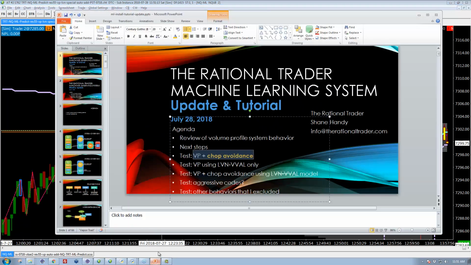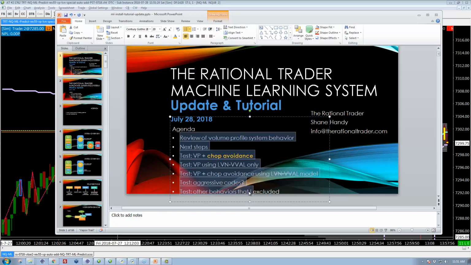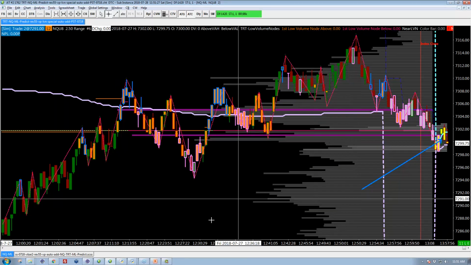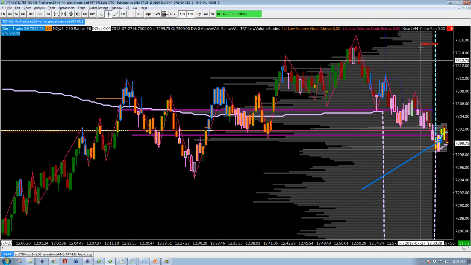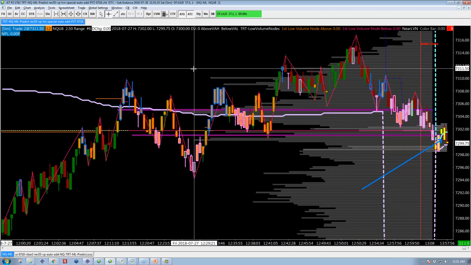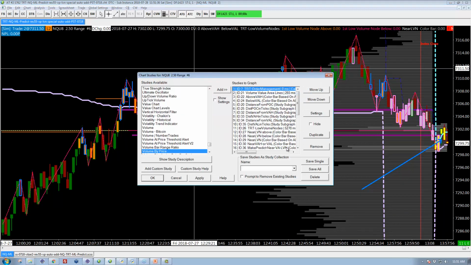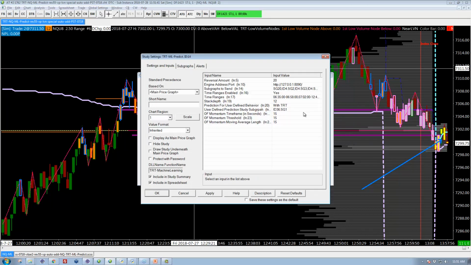I have a lot to do here. The reason this wasn't already all laid out nicely in normal format for you guys for this talk today was that I was testing the changes to the DLL, to the study, that tell the system to use the rational trader behaviors at the user-defined location, and it's not working.